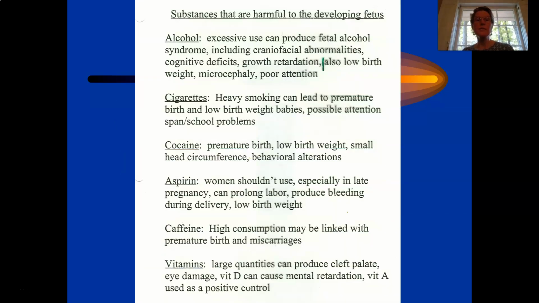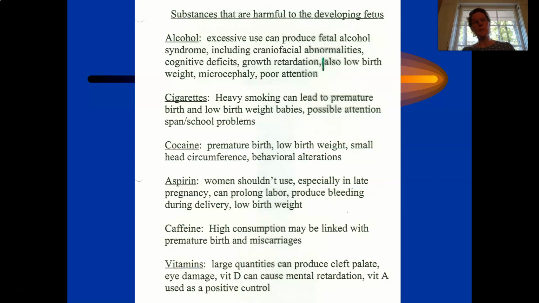All right, this is kind of a listing of some of the drugs of abuse, some of the drugs that people typically use, and the effects on the developing baby. Probably about the worst one out there is alcohol, believe it or not.